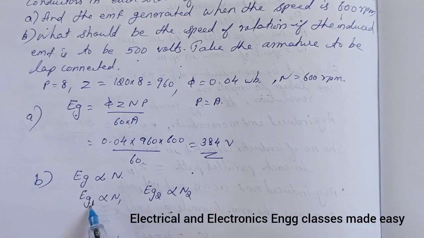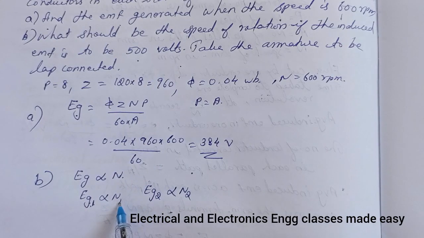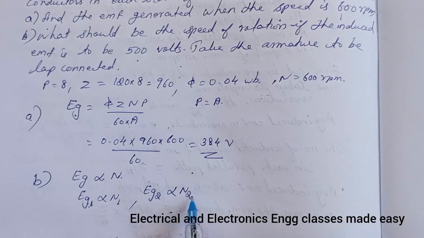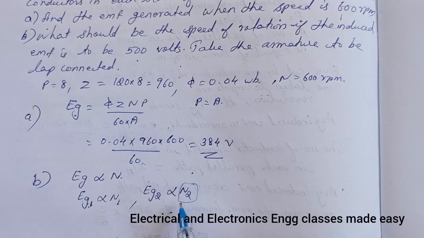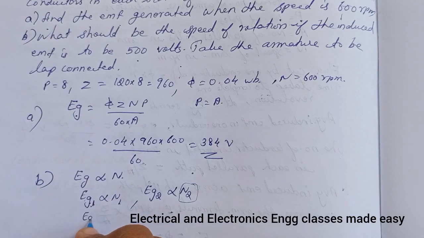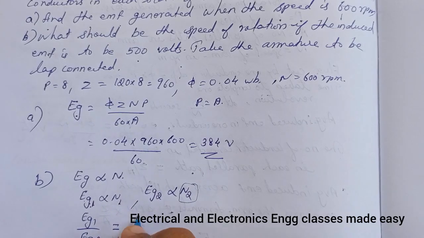These EG1 and N1 are the first case EMF and speed, and these are the second case EMF and speed, and we have to find the speed N2. So we can write EG1 divided by EG2 is equal to N1 divided by N2.